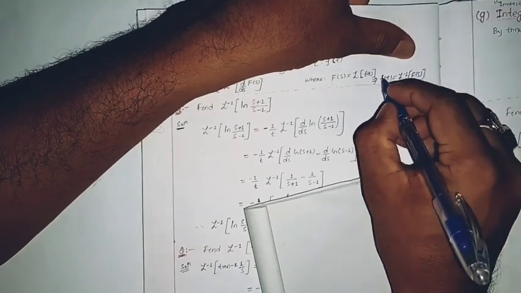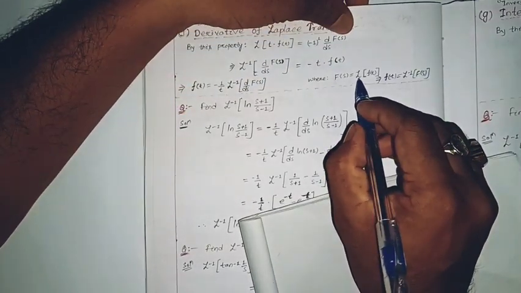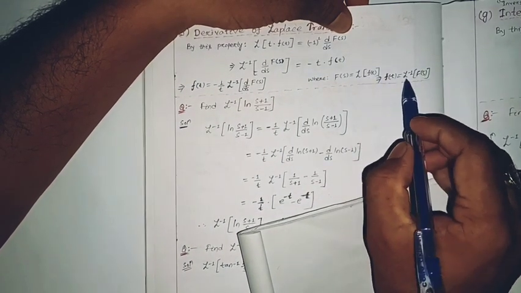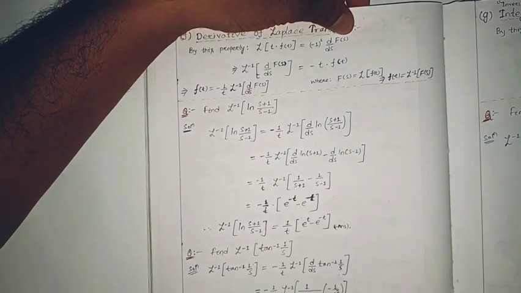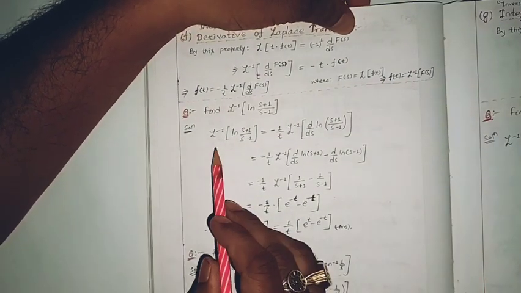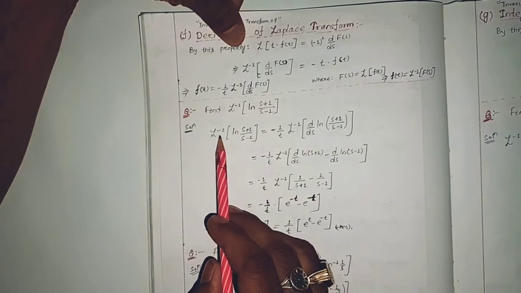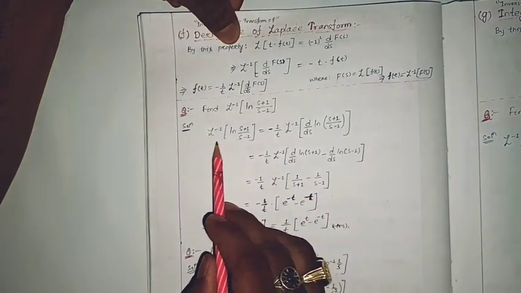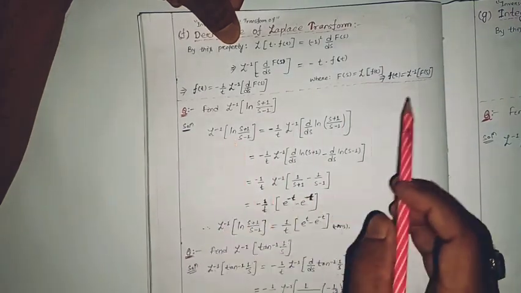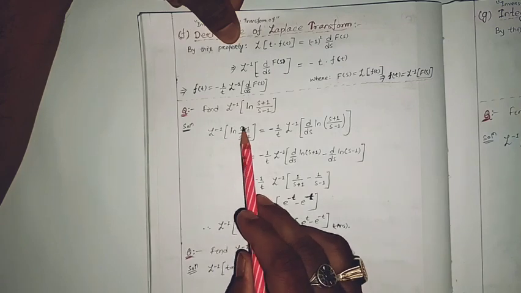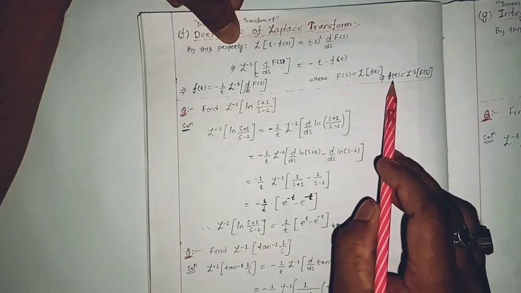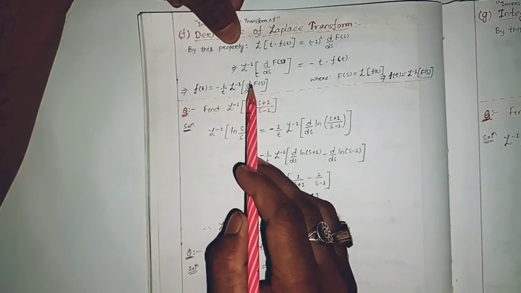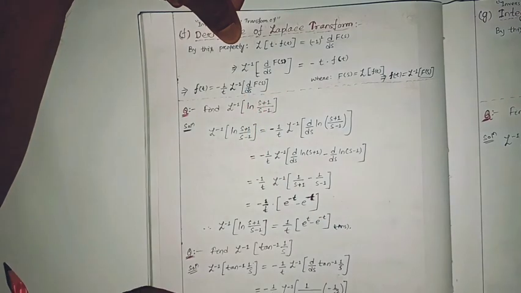If capital F of s equals the Laplace transform of f of t, then f of t is nothing but the inverse Laplace transform of capital F of s. If I compare this with the given form, the inverse Laplace transform of capital F of s is f of t, where f of t equals minus 1 by t times the inverse Laplace transform of the derivative of capital F of s with respect to s.